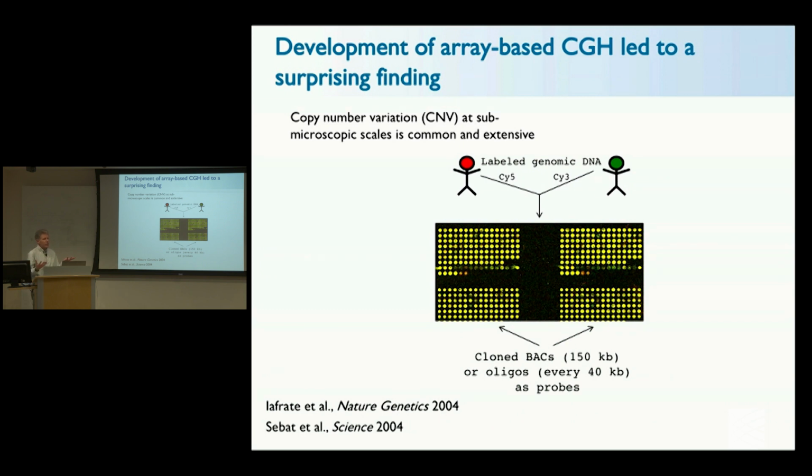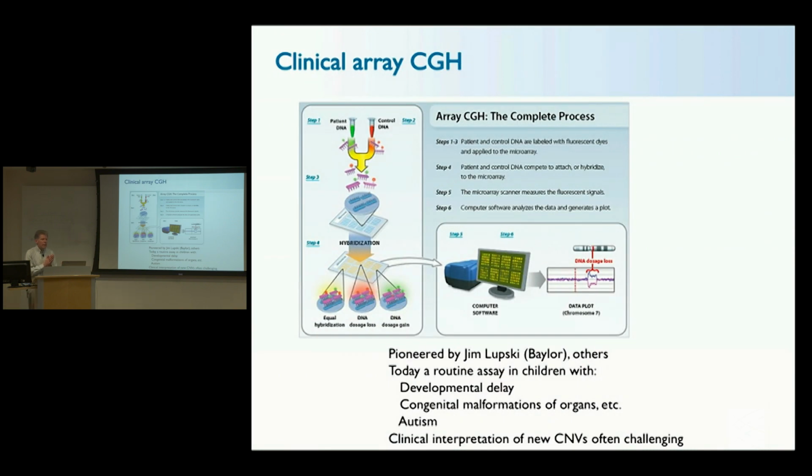They were not just these events that led to birth defects. They were really ubiquitous in the human genome, and healthy people carried a lot of copy number variation too. And still today, array CGH can be used in the clinic for diagnostics, and for large alterations and rearrangements, it's still something that we can use today.